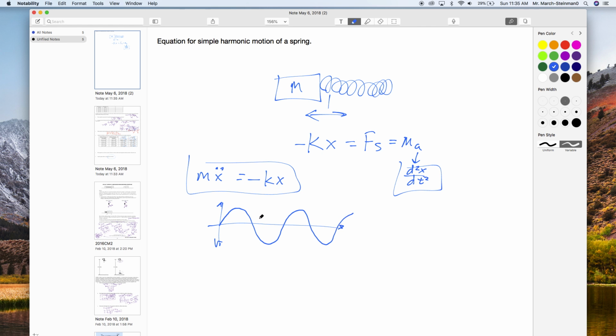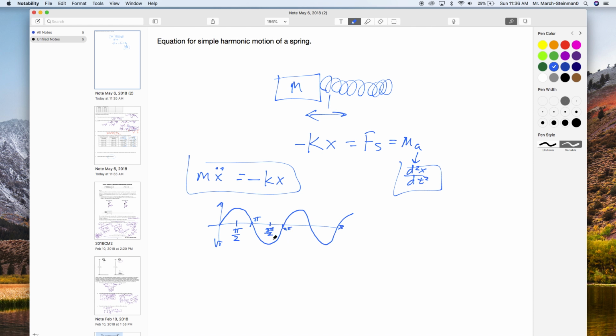Now, if we look at this, we say, oh, well, what type of graph is this? Say maybe at this point is pi over 2, maybe this is pi, maybe this is 3 pi over 2, and maybe this is 2 pi.